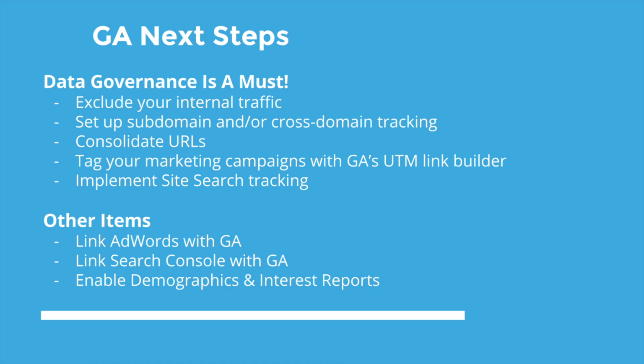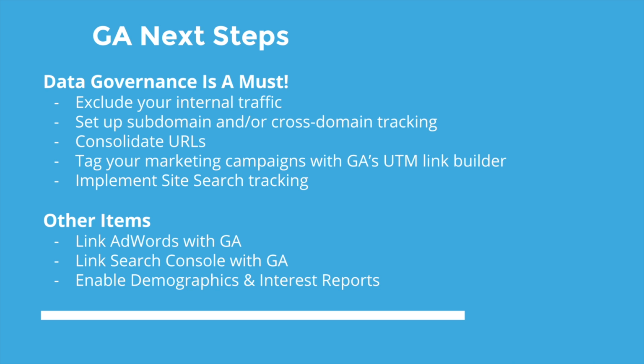Another one is consolidating your URLs. Unfortunately, when a lot of people build websites, they will have one version that has uppercase letters and another version that doesn't. Well, Google Analytics is case sensitive, and it will double count or triple count those pages depending on how many different iterations there are of that given page. So that's another one that you can do.